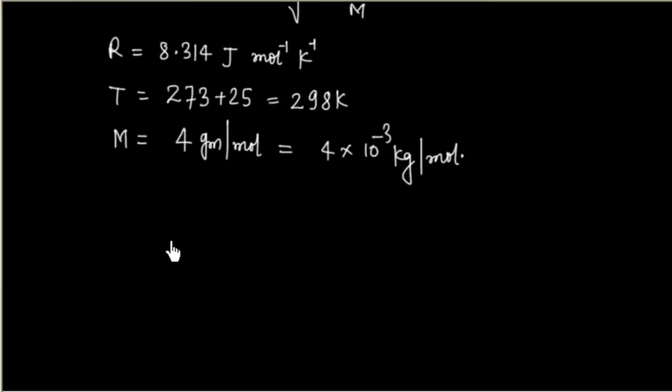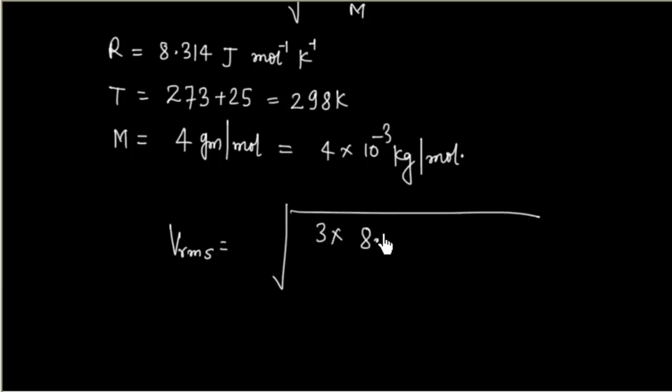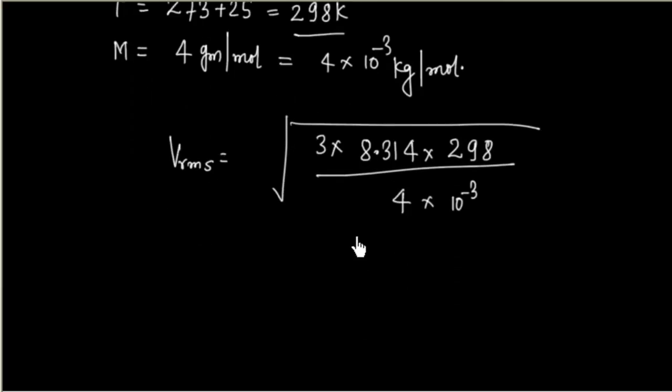Now we have to plug in all these values. So Vrms will be under root 3RT, where R is 8.314 and temperature is 298 Kelvin, divided by the molecular mass 4 into 10 to the power minus 3.